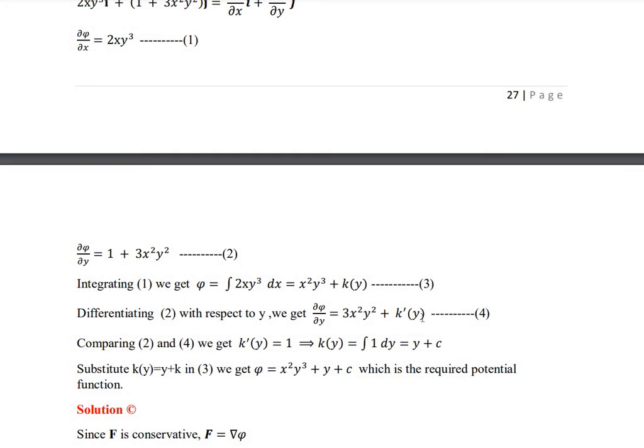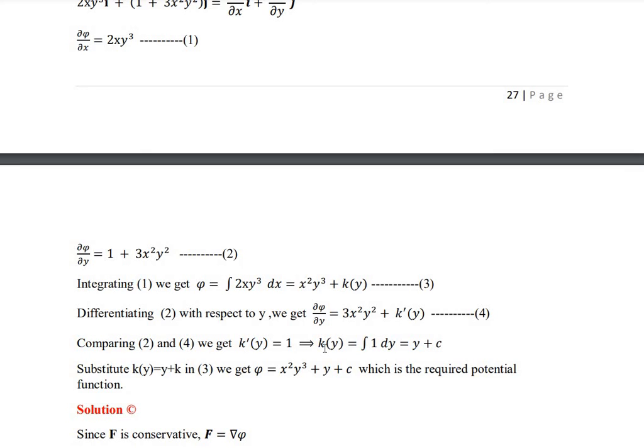Now we have ∂phi/∂y here, and we have ∂phi/∂y in equation number 2. You are going to compare 2 and 4. So what will you get? The left hand side is same, and what about the right hand side? 3x squared y squared, 3x squared y squared, and what about k dash of y? These two should be equal. So therefore k dash of y is equal to 1, comparing 2 and 4.